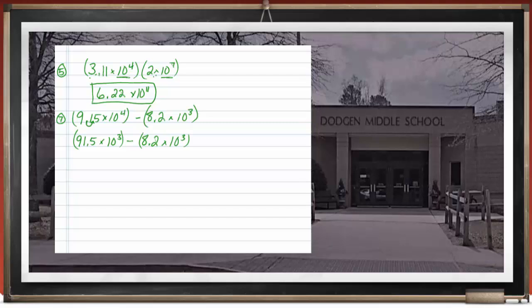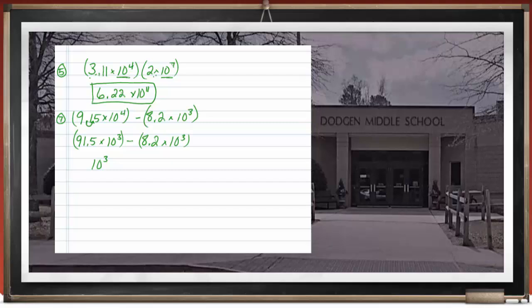Now, by way of review, I want to refresh your memory on why the shortcut works for subtracting with scientific notation. Both of our terms are getting multiplied by 10 to the third power. So if you remember back to factoring, when you factor, you're pulling out a GCF, which is your greatest common factor.